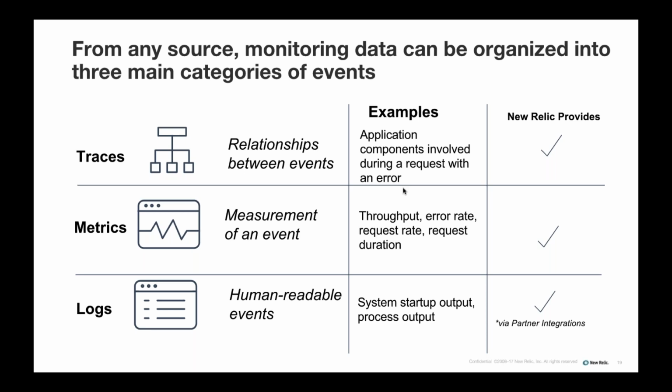But one I also wanted to highlight, and I think this is the third one that gets a little bit less attention, is this idea of a trace. By a trace, and we'll be exploring this a little bit more, I'm really referring to the idea of a relationship between different events. So if there was an error, you had a 500 request in the application, what were the different components involved and where was time being spent?